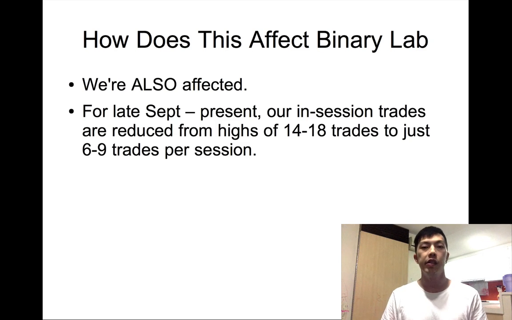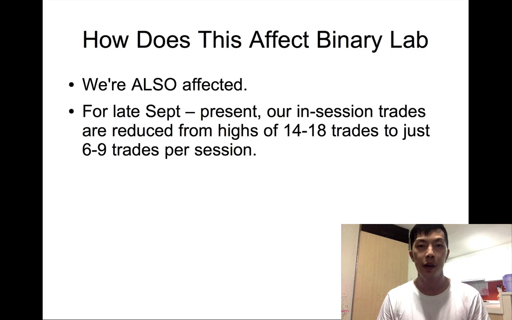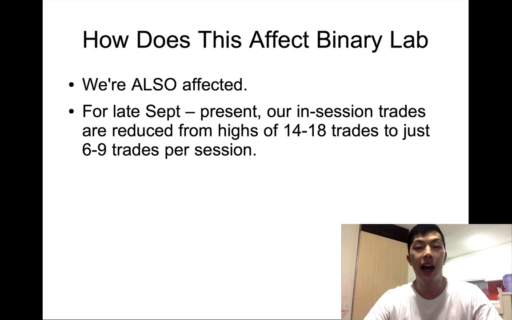We've had a lot of sessions where we've done upwards of 14 trades per session within an hour, to right now just doing about 6 to 9 trades per session. Sometimes we even do as little as 4 trades a session. Sometimes it's so bad that after about 3 trades, I decide that after half an hour or 40 minutes, there's no point to continue, because if we see a lot of consolidation, that's just unnecessary risk.